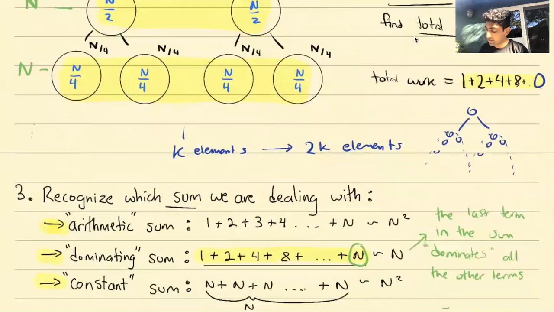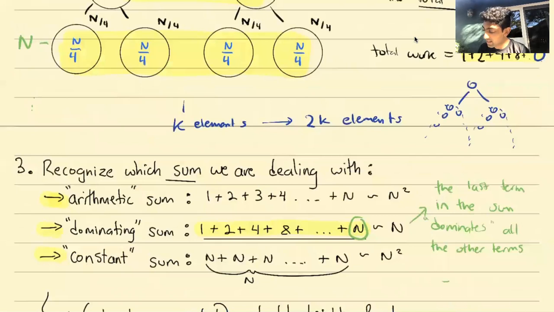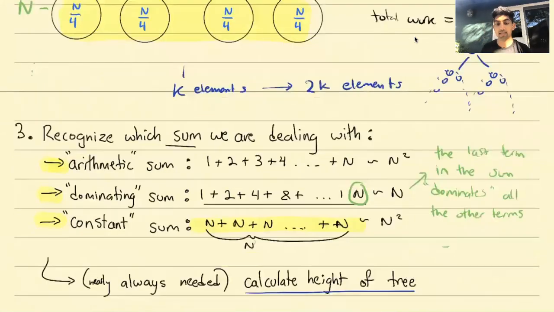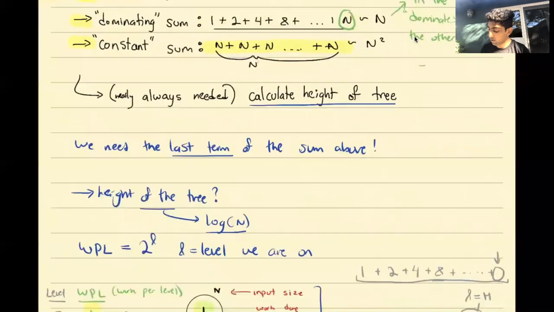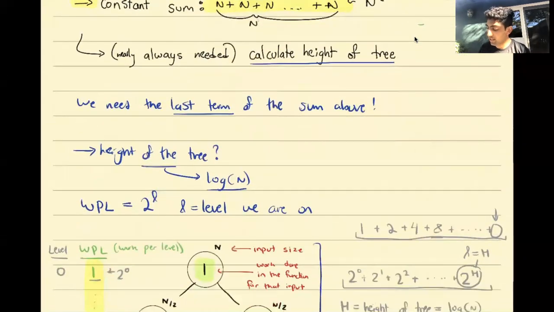So the sum that we're dealing with in this case is going to be this constant sum. The next thing we need to figure out is how many terms are in this constant sum. In this case, it's actually not too hard because we knew the height of this tree is still log base 2 of n.